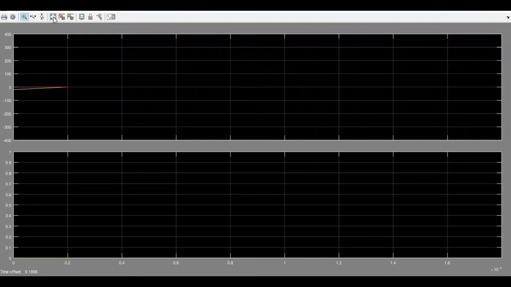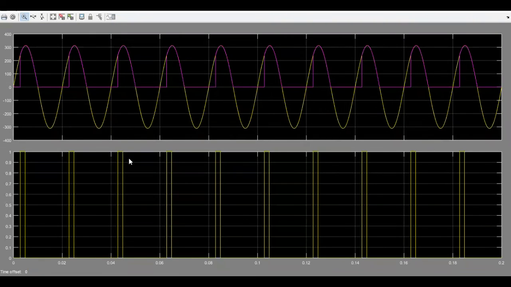And when I double click on the scope and click on auto scale, you can see this is the duration at which I apply the pulse. And when the thyristor switch gets the pulse, it is triggered on and it is producing the output which is following the input. And again, for the negative cycle, there is no output because this is a half wave rectifier.